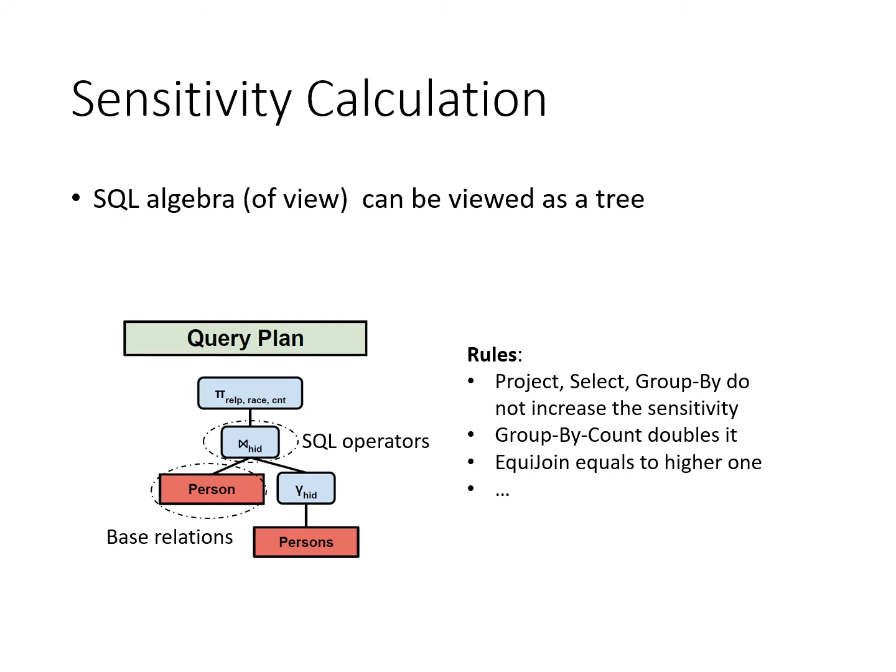The sensitivity is estimated in a bottom-up manner according to the rules listed on the left and the right hand side. For example, the project, select, and group by operators do not increase the sensitivity, but the group by count operator doubles it. And the equal join operator equals the higher one of the sensitivities of the two relations.